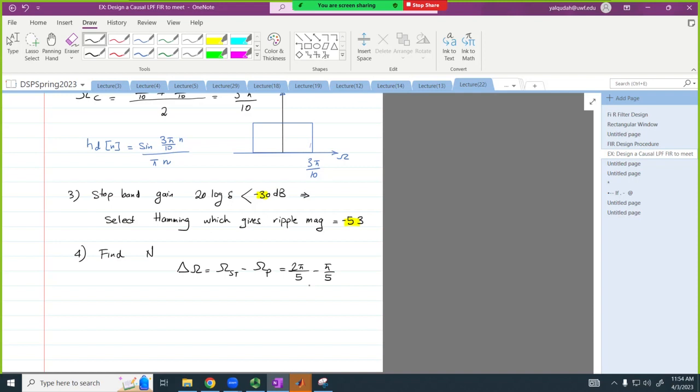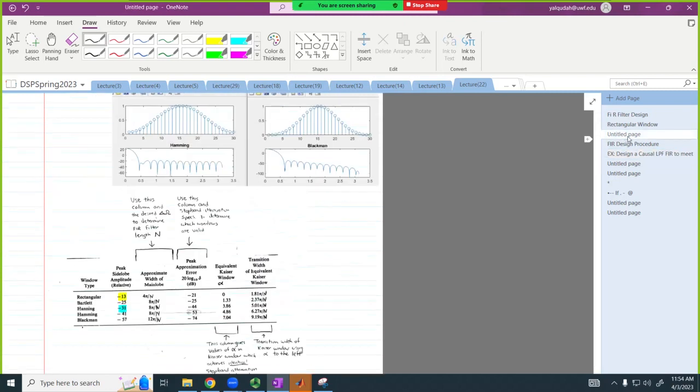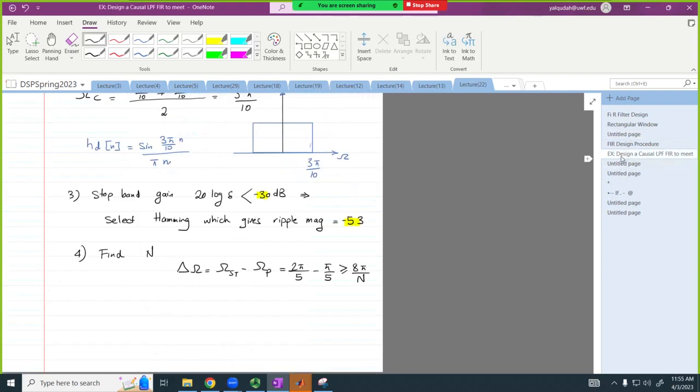And we want this to be greater than or equal to 8 pi divided by n, which is the width of the main lobe in the Hamming window.